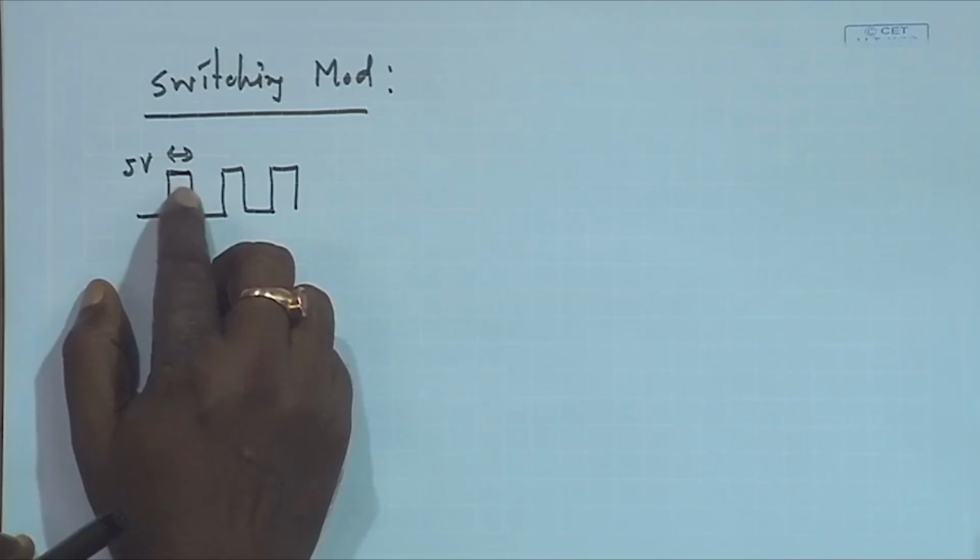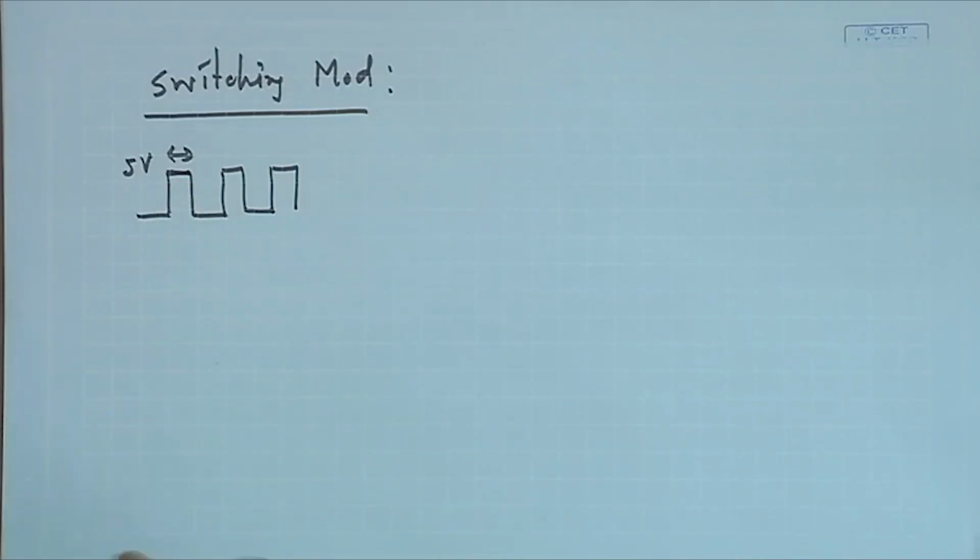Whenever this is put in the gate, it will be on, so it will pass the signal. So if I put my message signal in the emitter to collector, whenever the gate gets plus 5 volt, it will be on and that signal will pass through it, and whenever it is off, that will not pass through it. If I put a resistor across that and take the voltage, I will see that the signal gets switched.